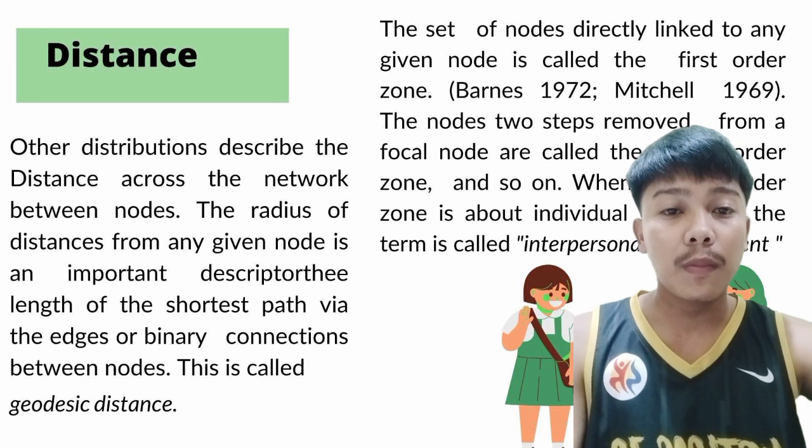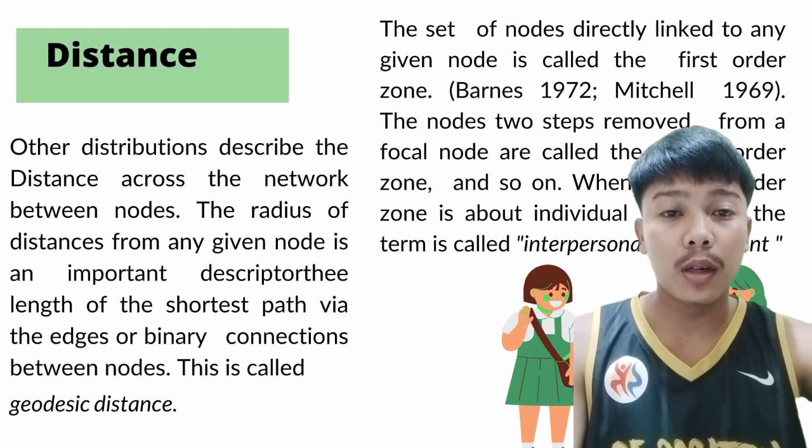In the context of networks, distance often refers to the shortest path or number of steps required to go from one node to another. In a social network, for example, the distance between two individuals can be measured by the number of connections or friends in between them.